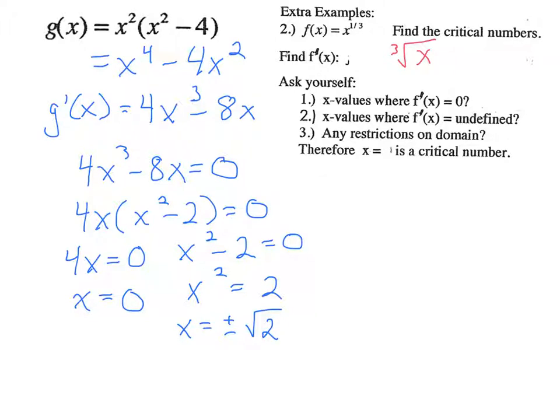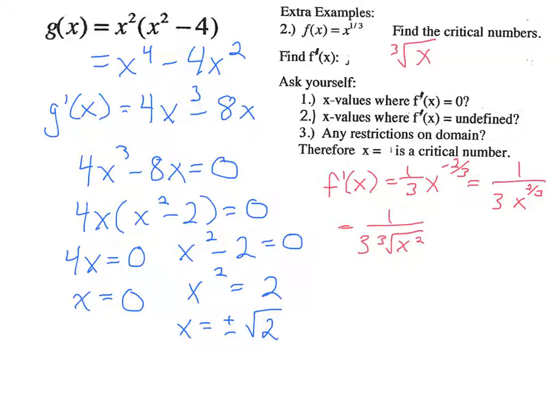So now I want to find the derivative and see where that equals 0. So f prime of x will equal 1/3 x to the negative 2/3, which is 1 over 3x to the 2/3, or 1 over 3 times the cube root of x squared.